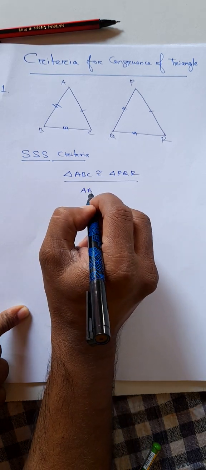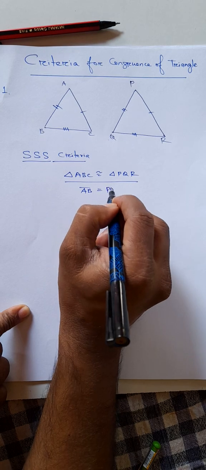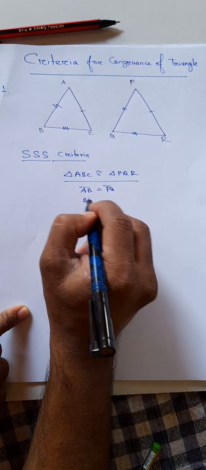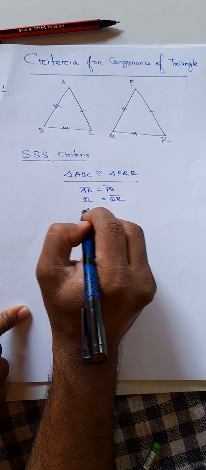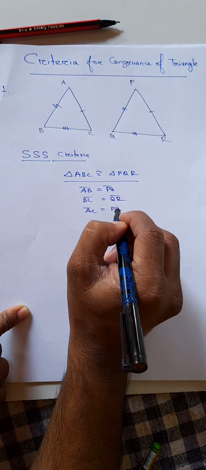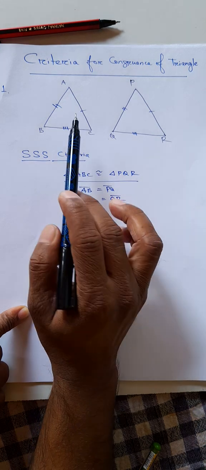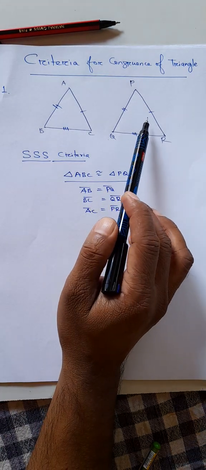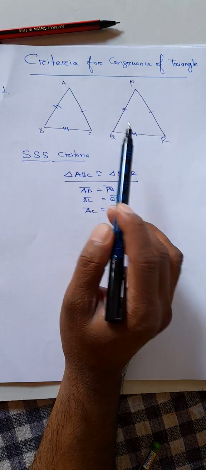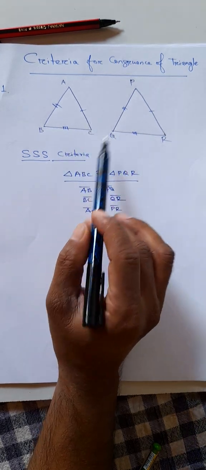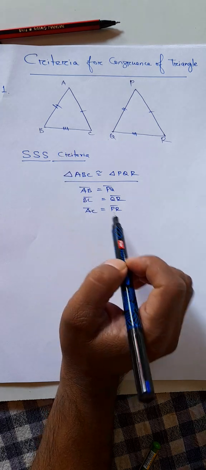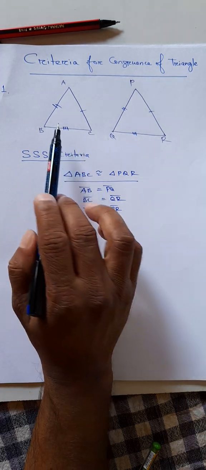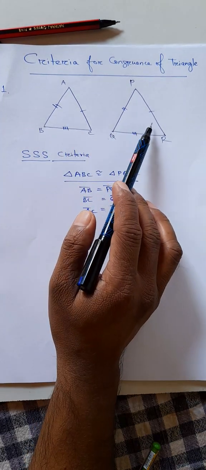As AB equal to PQ, BC equal to QR, and AC equal to PR. Right? Three sides of this triangle are equal to three sides of this triangle, so these two triangles are said to be congruent. This criteria is called SSS criteria, side, side, side.